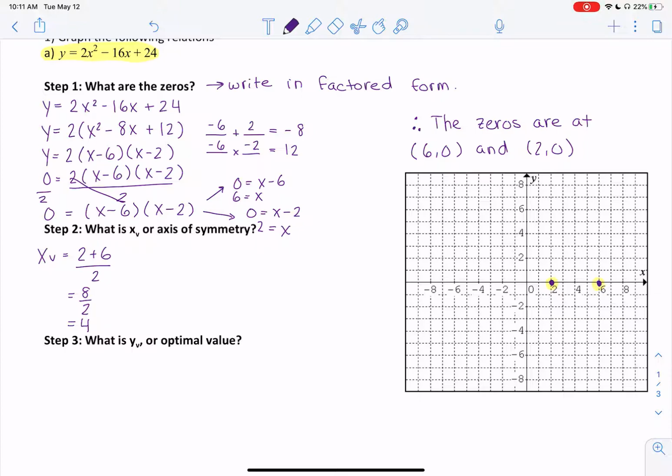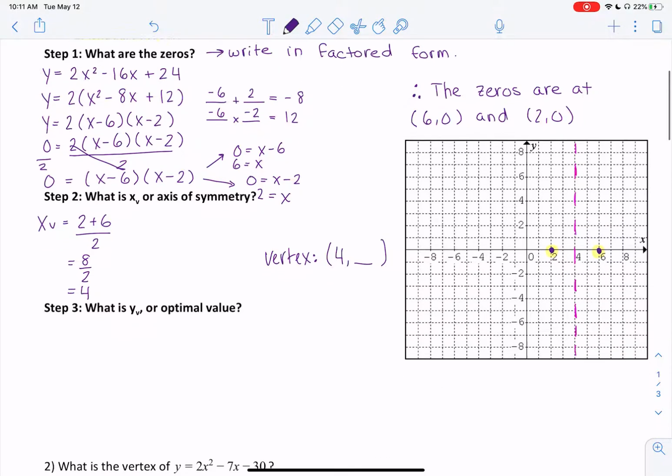So that means that our axis of symmetry is going to be through 4. That's the first thing it tells us. It also tells us that our vertex is 4 something. So now we need to find that matching y value.